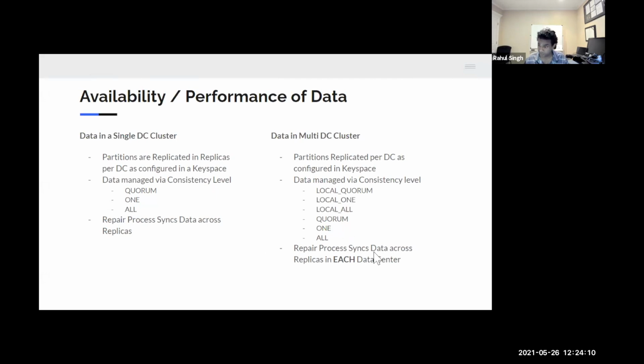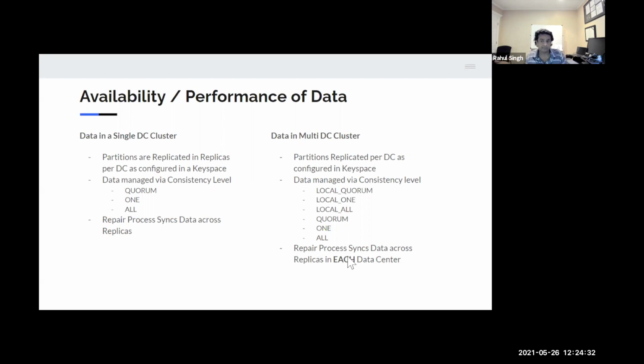And then the repair process. It not only has to sync the data across replicas, but it has to do it in each data center, because repair is making sure all the data is consistent if it was missed somewhere along the line. Okay. So having multiple data centers, you don't lose performance at the data center level.